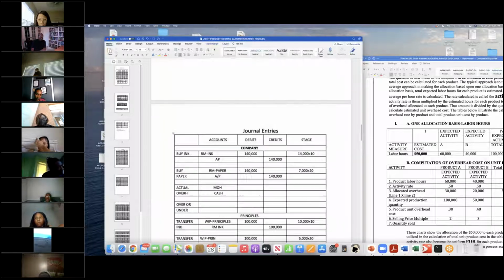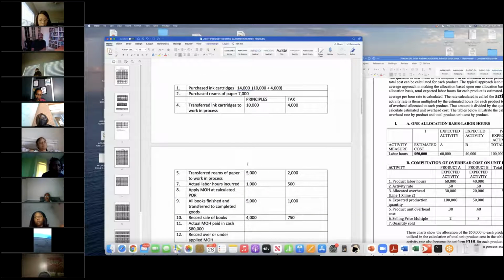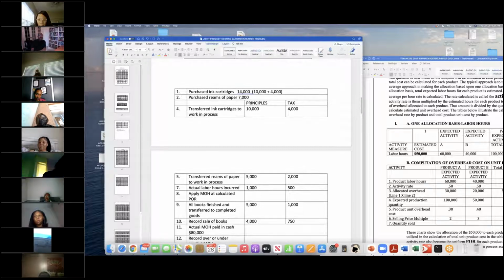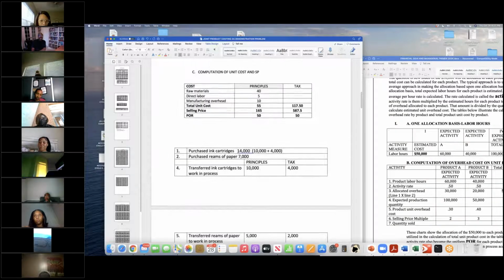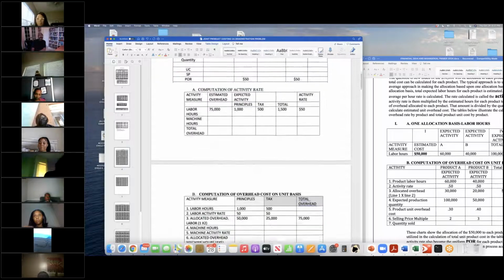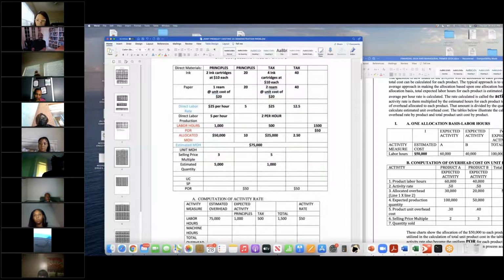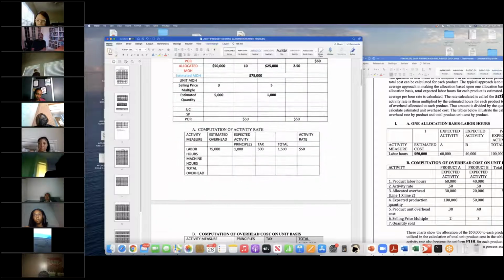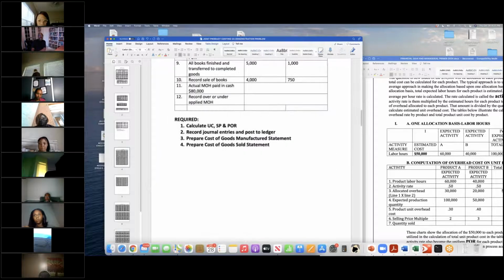Next, we're going to record the labor. We have 1,000 labor hours. How much are we paying the laborers? $25 an hour. So they worked 1,000 hours at $25 an hour.